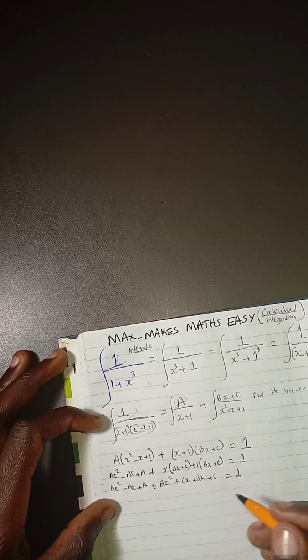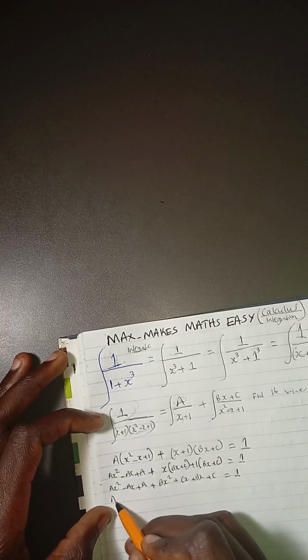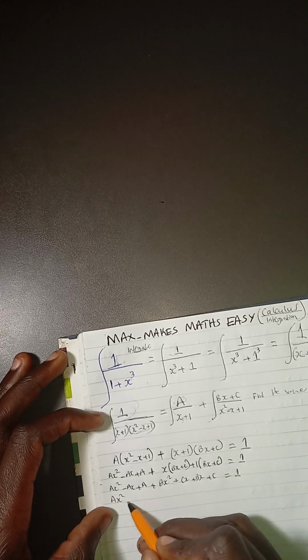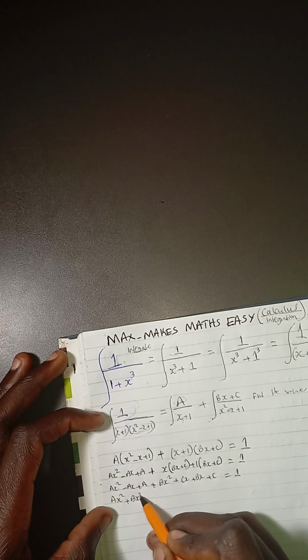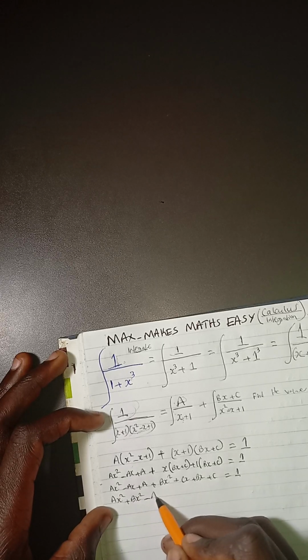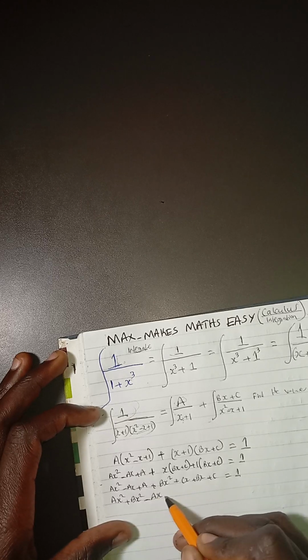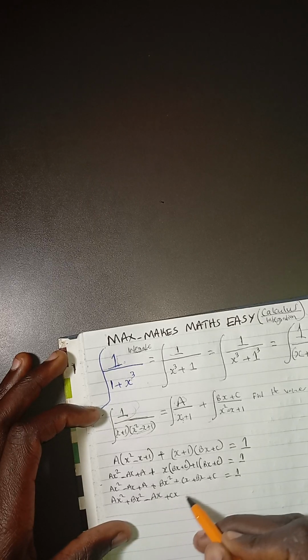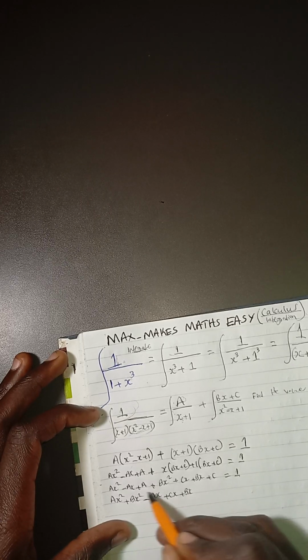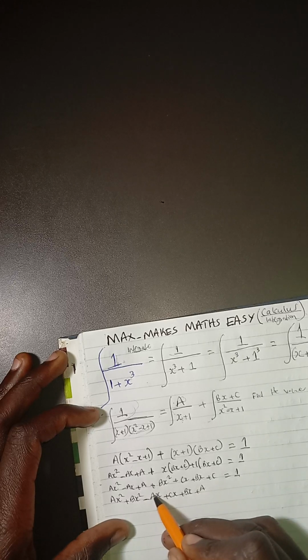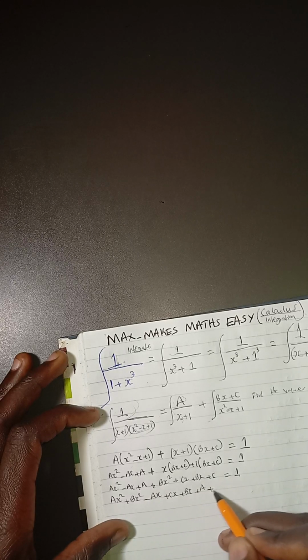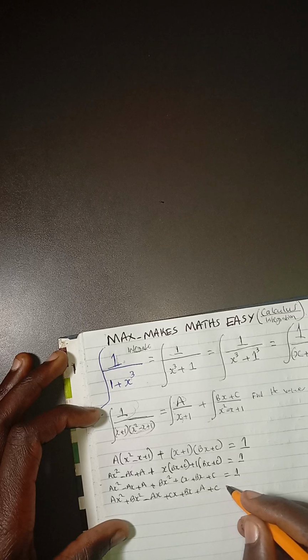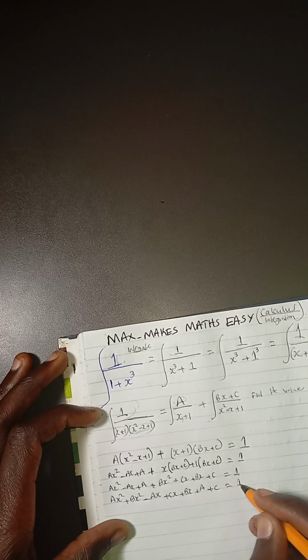So we are going to put the like terms together. So we say ax squared plus bx squared over here, then minus ax, then plus cx, then plus bx, then plus a plus c is equal to 1.